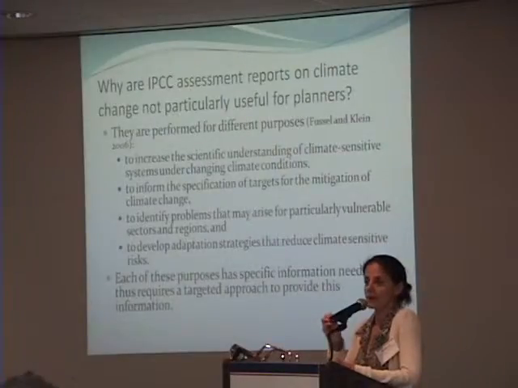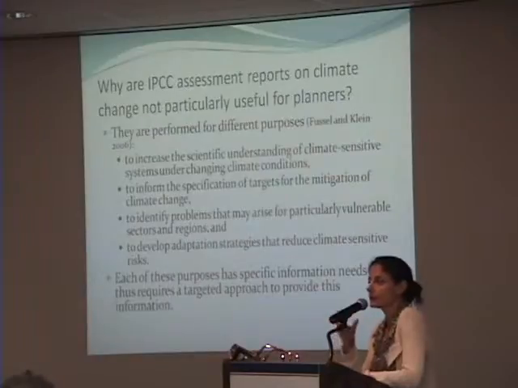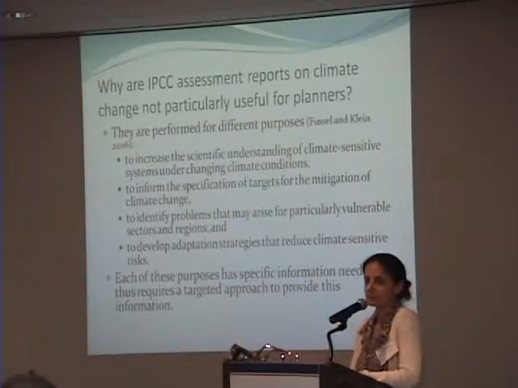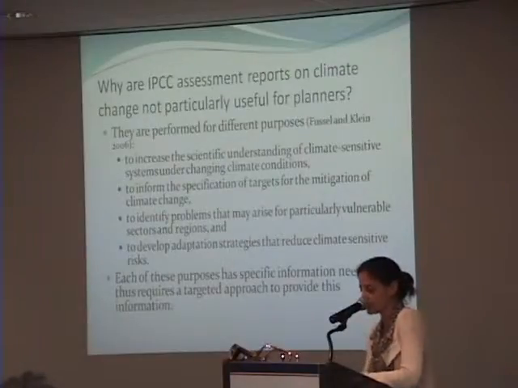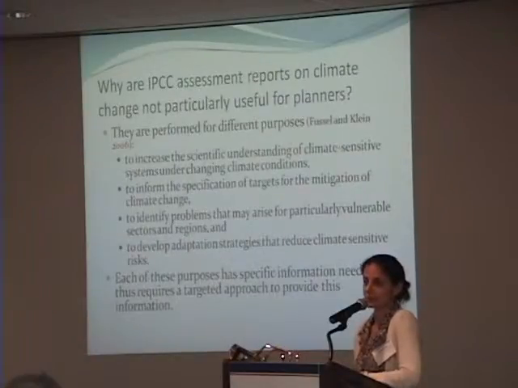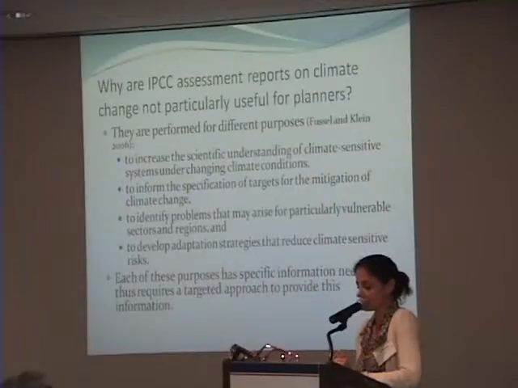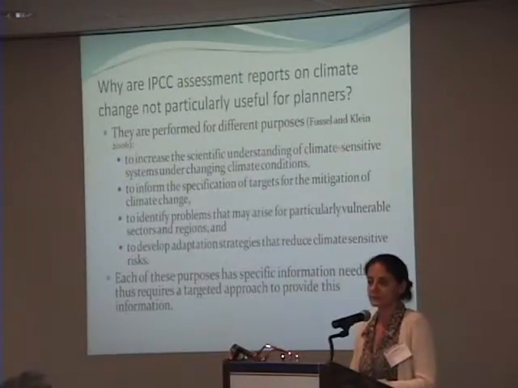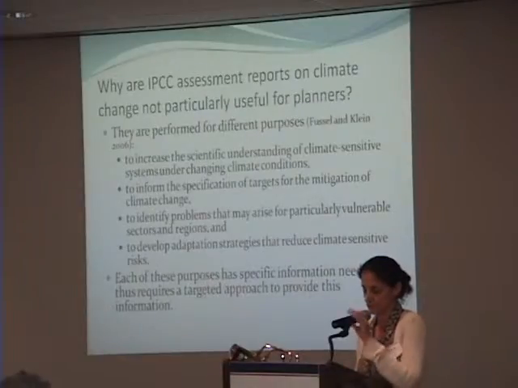Also to identify some specific targets of mitigation, and to identify areas and sectors that are particularly vulnerable to climate change. And last but not least, to develop adaptation strategies. Each of these different purposes has specific information needs and requires a targeted approach to provide this information.